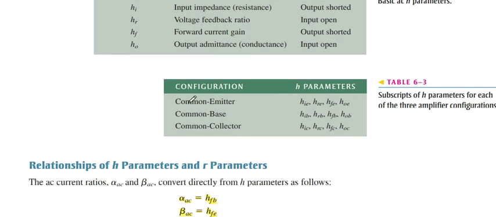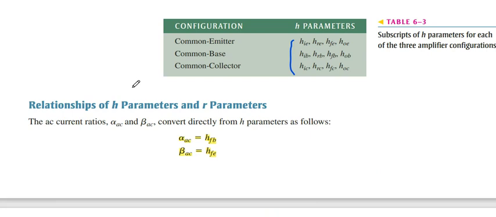When we use these amplifiers, common emitter, common base, common collector, the symbol can be changed by adding e, b and c.